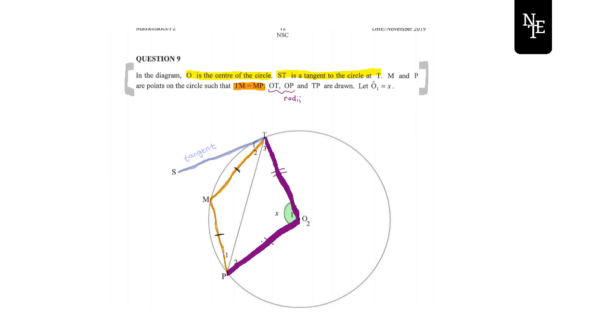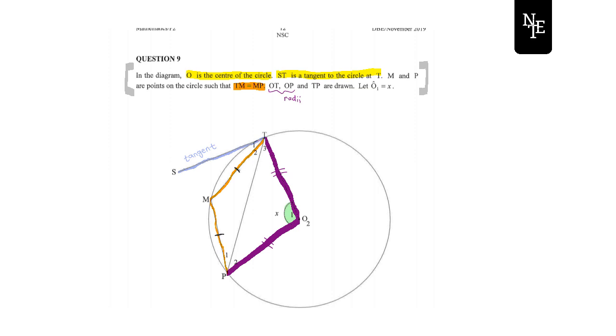You now have an isosceles triangle TPO, which we can highlight in purple, and it has a common side with this other isosceles triangle MPT. That is isosceles based on the fact that it was given to us that chord MP is equal to chord MT.